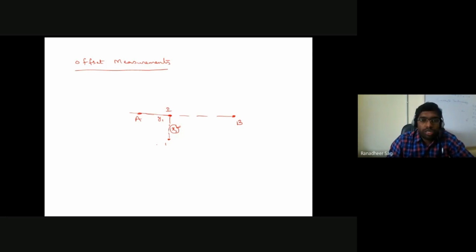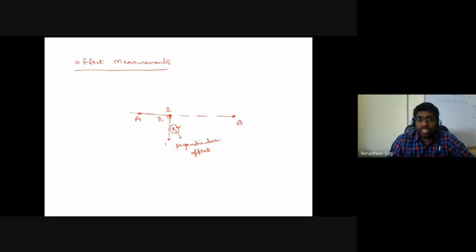Okay, so this offset, whatever we are representing here, is nothing but what we call your perpendicular offset, because that so-called offset distance which you are measuring is along a line set perpendicular to your main line. Such kind of offset is what we call your perpendicular offset.